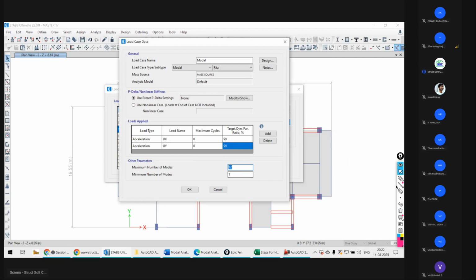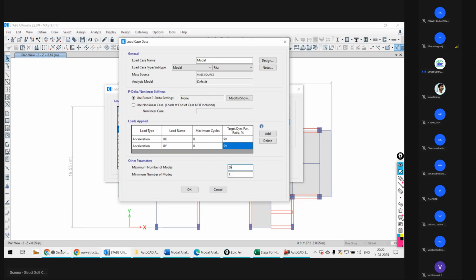Some of the consultants are asking to consider a number equal to the number of floors. Some consultants are saying 3 times the degrees of freedom. So there are different considerations, but it is not a fixed thing. So I am going to consider here the number of modes as, let's say, equal to the number of floors. So 26.